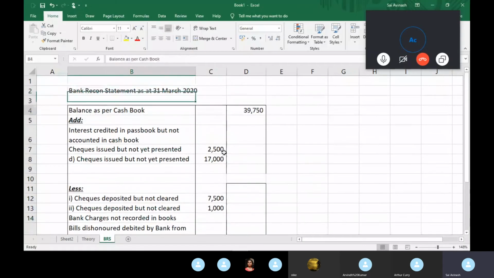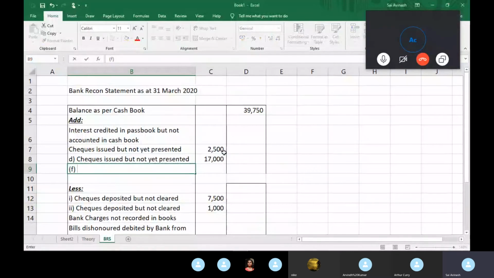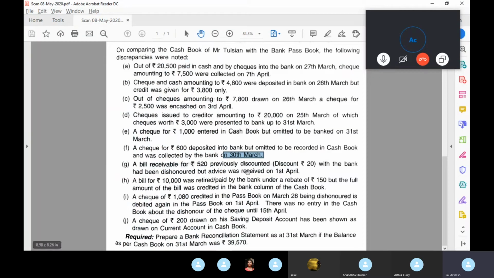So I'm adding, right? So this is transaction letter F. There's no stringent text that is to be applied here. You just have to communicate what the transaction effectively is. Okay, deposited in bank, but not accounted in books. So that's 600. Okay, let's go on to the next one.